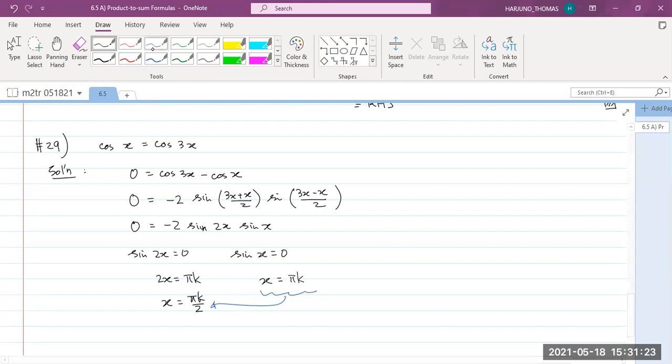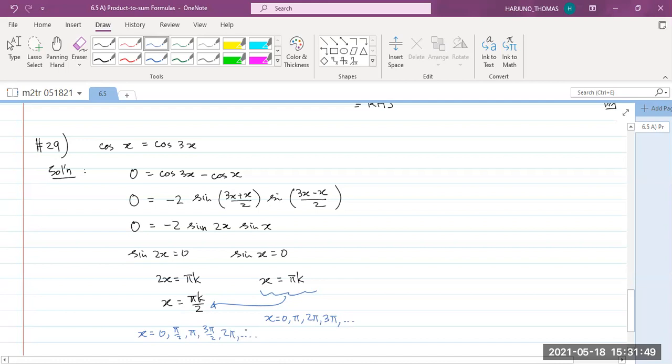If I list them, I will get x equals 0, pi, 2 pi, 3 pi, and on with plus minus, while the one here will be 0, pi over 2, pi, 3 pi over 2, 2 pi with the plus minus.